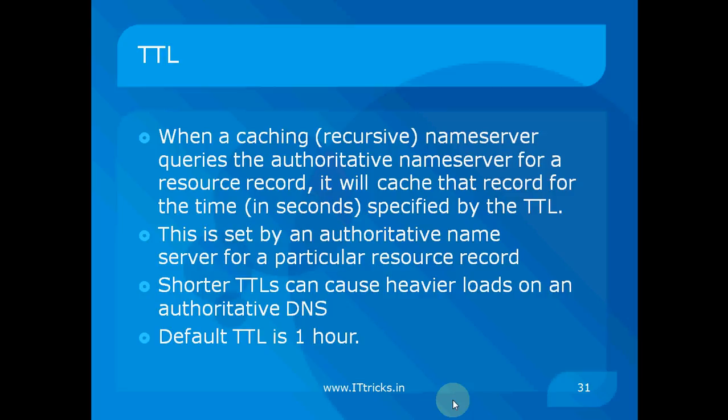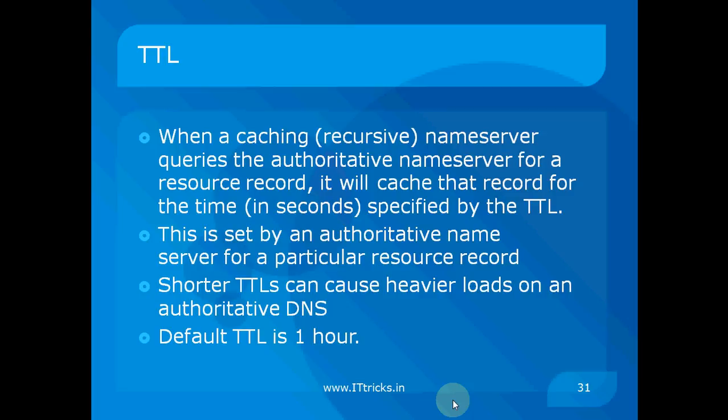If you make the TTL very short, then there will be a heavy load on the DNS server, because the cache memory will expire very soon, the resource record will expire very soon, and every time the request will be forwarded to the authoritative name server, so there will be much more load on the authoritative name server.